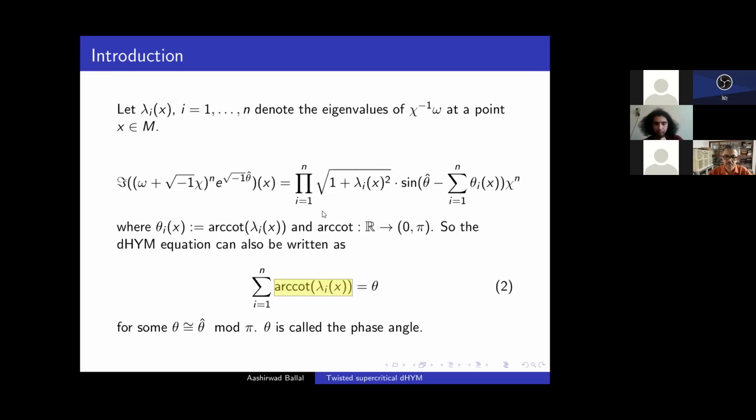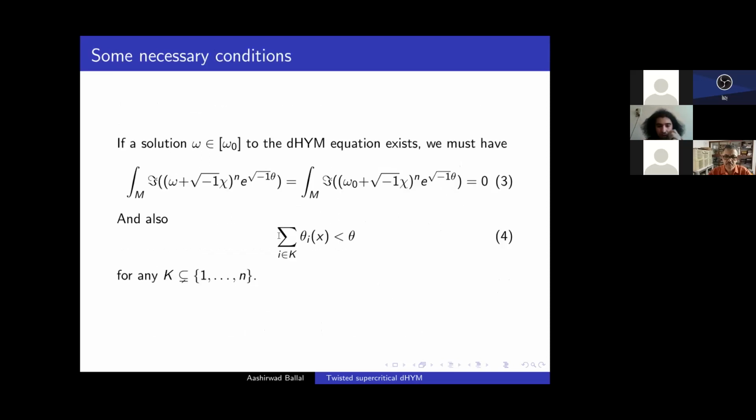So you also get this condition for any proper subset of 1 to n. So those are two necessary conditions if a solution is to exist.